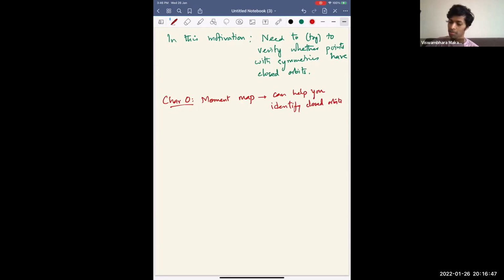So my main motivation was trying to do this in characteristic p, or really to do this without analysis, any kind of analysis. And why? So that you can do it for characteristic p.